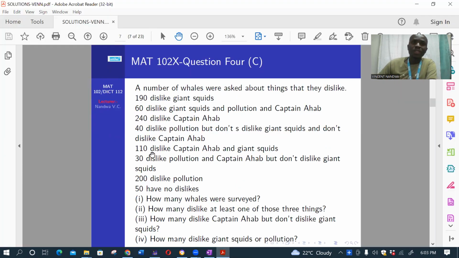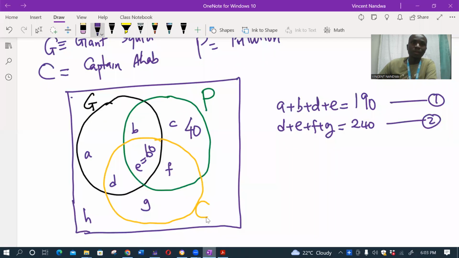Then 110 dislike Captain Ahab and giant squids. So C and G meet for 110. So for C and G, D plus E should give us 110. Call this one equation 3.